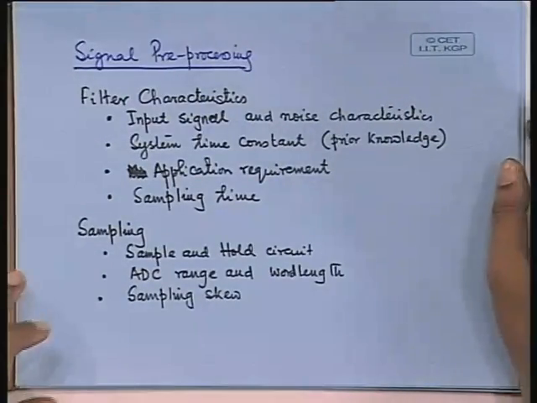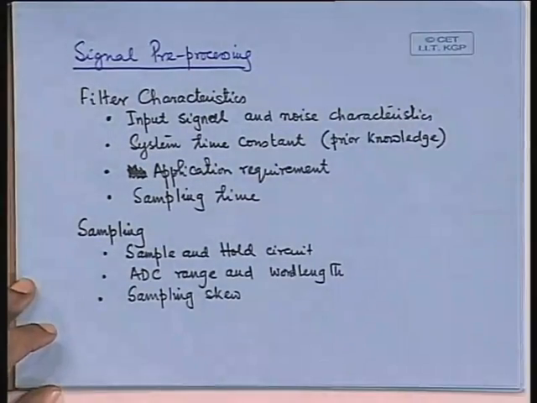So when you are doing signal pre-processing, you will do some kind of filtering, right? Firstly, one good thing about process control signals is that they are very slow. They are sub 1 Hz signals in general, and the kind of noise that comes in, mostly being electrical in nature, is high frequency.